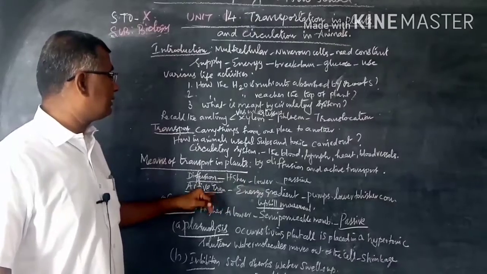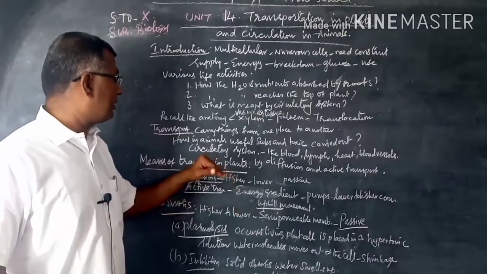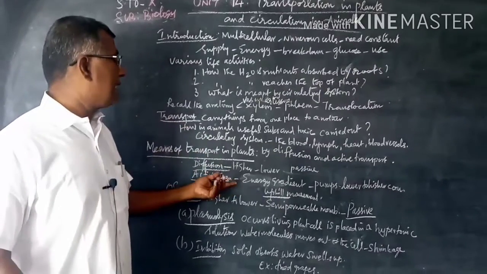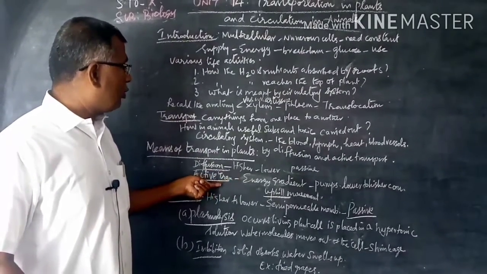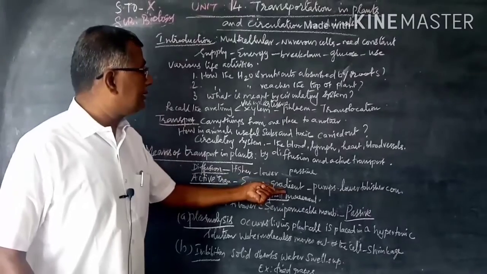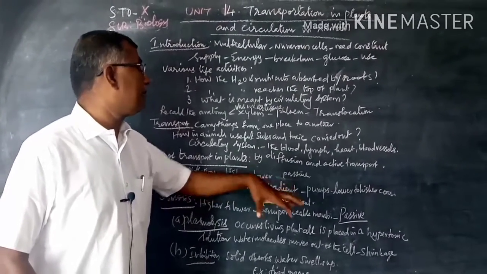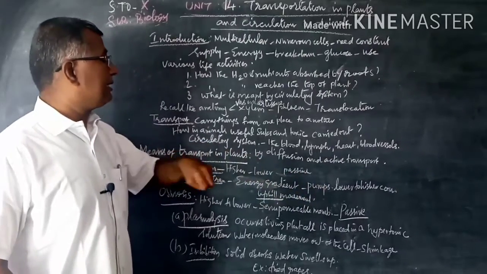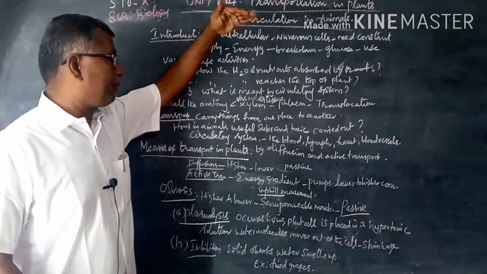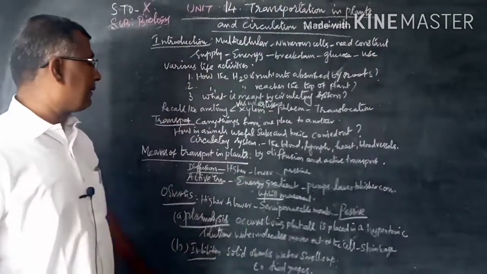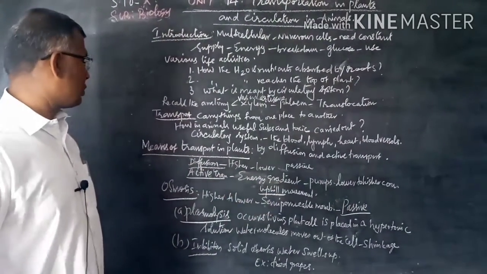That's why it is called active transport, because energy is needed. The movement is against the concentration gradient, which needs energy. That means pumps; it is uphill transport, from lower to higher. Understand? That is called uphill transport.